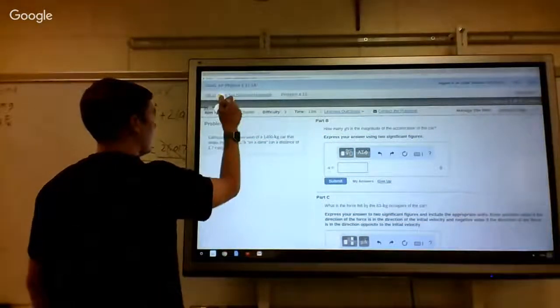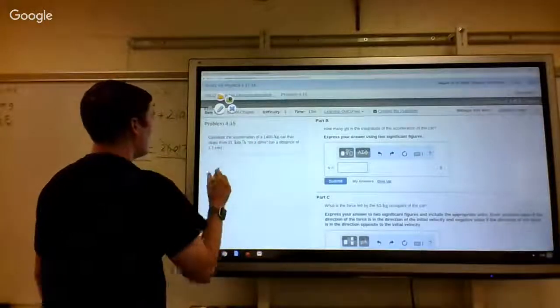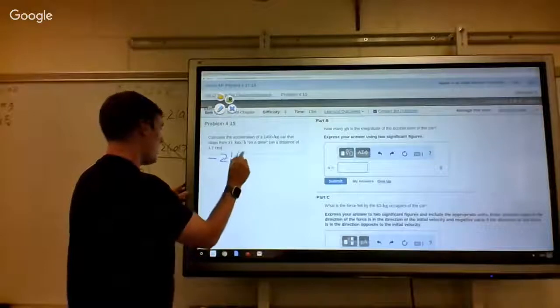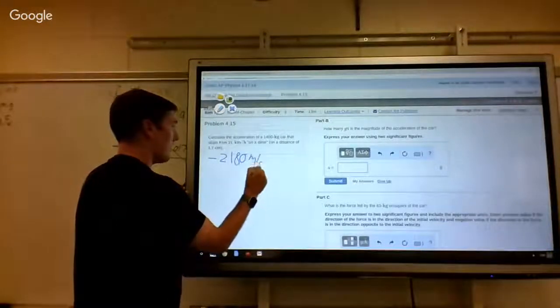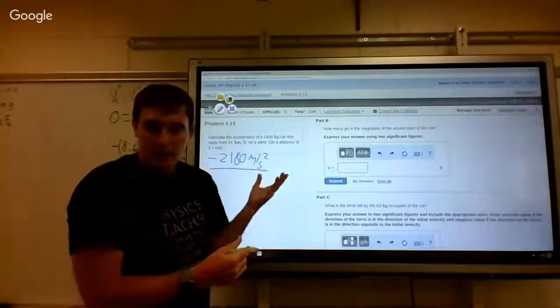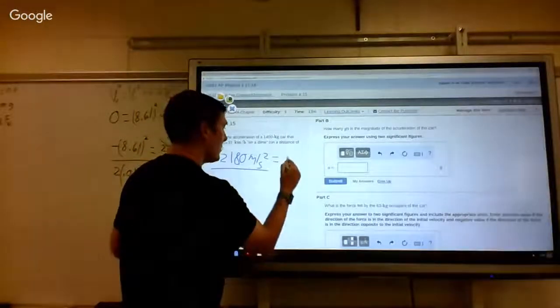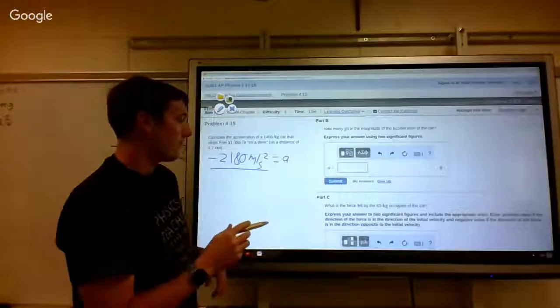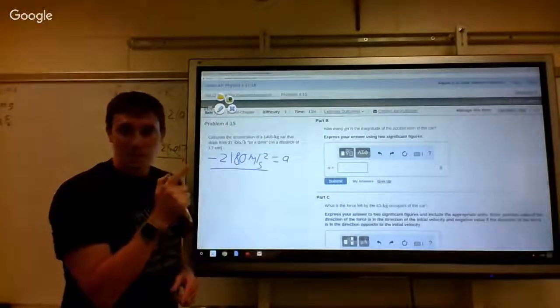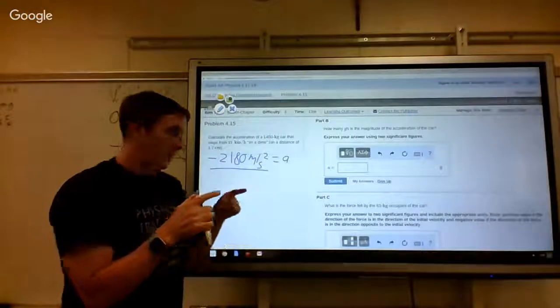Okay, blue again. All right, so I had negative 2,180 meters per second squared. That's the acceleration that we had for A, or at least I had for A. Now we want to know how many g's that is. So if 1 g is 9.8, we're going to compare that to this.